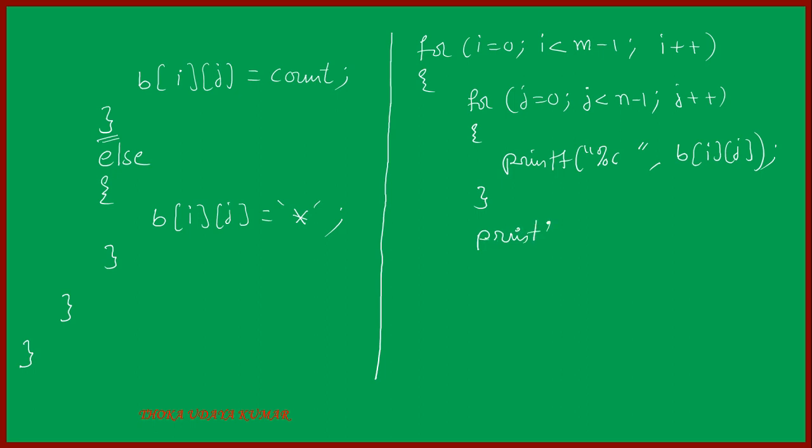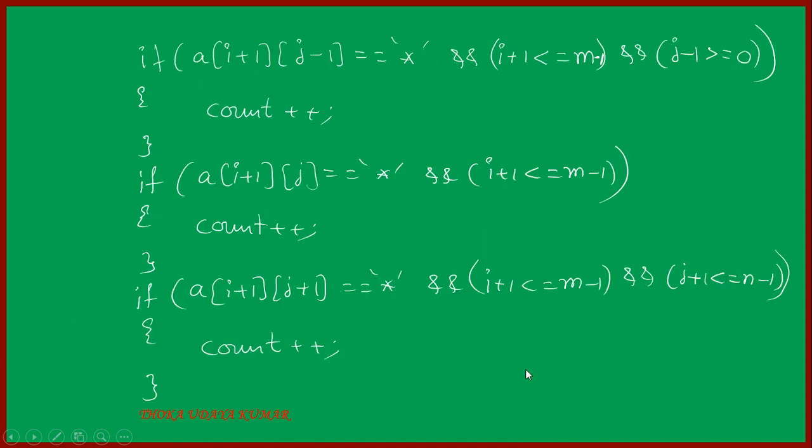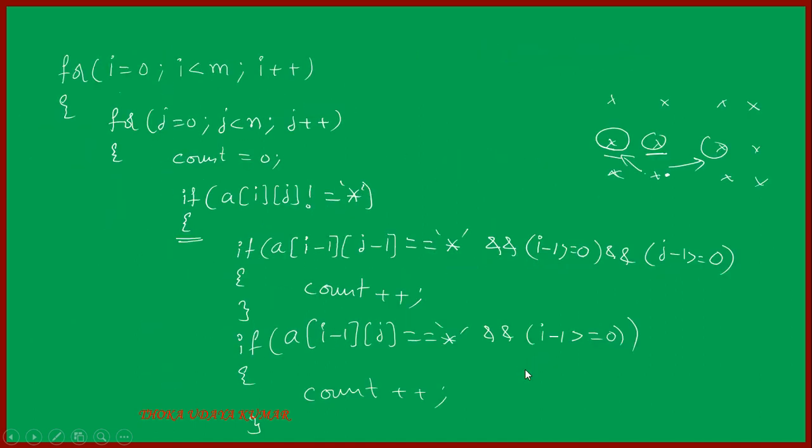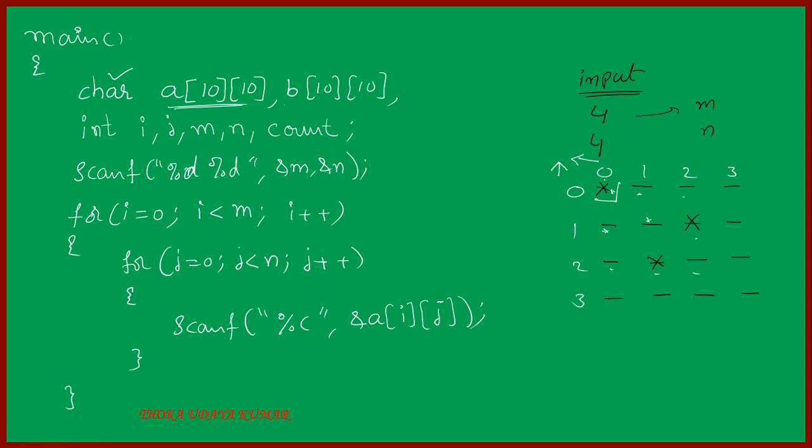So printf, let me go to the new line, backslash n, and the outer for is closed. And here I am going to end the main. This is the end of the main. Okay, this is the program written for displaying numbers in the adjacent cells of the stars, I mean in the grid.